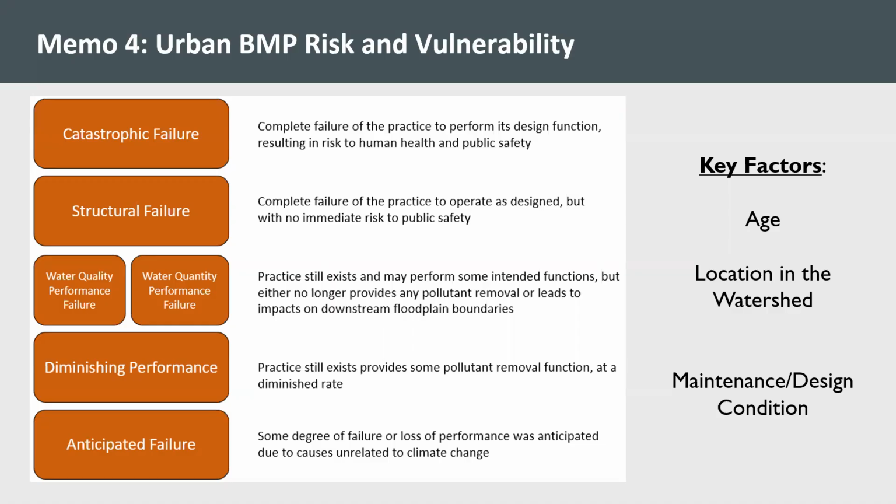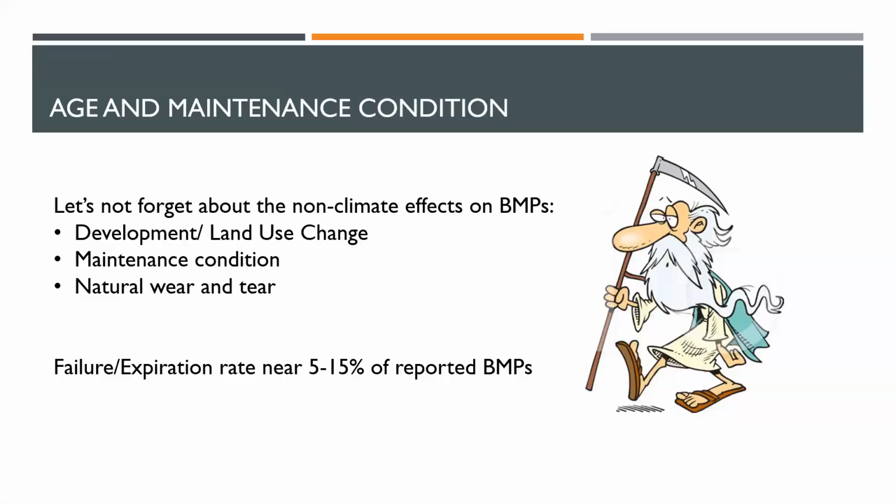You might lose the performance from a water quality perspective, or have a failure that results in some sort of downstream impact to a stream corridor due to failure. It might not be a total failure, but you start to lose some of that efficiency in a BMP over time. And then, as I mentioned, some of those that might be anticipated otherwise.